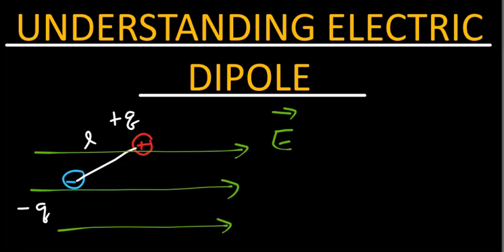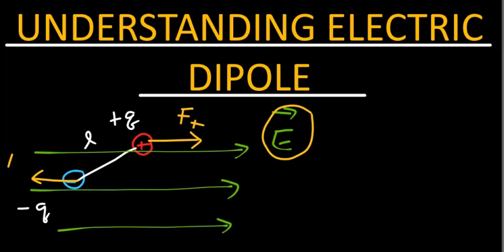We know that this electric field would exert a certain amount of electric force on this charge and on that charge. The force exerted on the positive charge would go in the same direction as that of the electric field. Let's call that F+. The force on the negative charge would go in the opposite direction, F-.